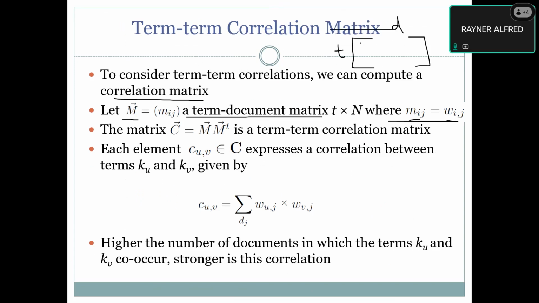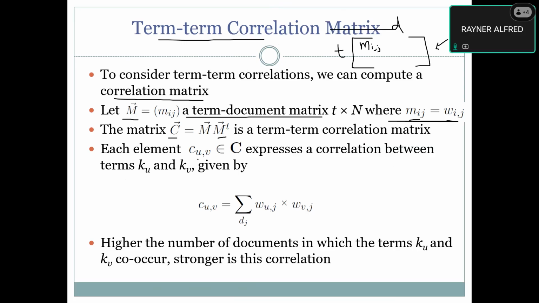Over here we have M also, but this is M_ij. So we want to construct this term-term correlation. What we do is take this matrix and multiply it with the transpose of this matrix. This is the transpose of the same matrix that we have here.